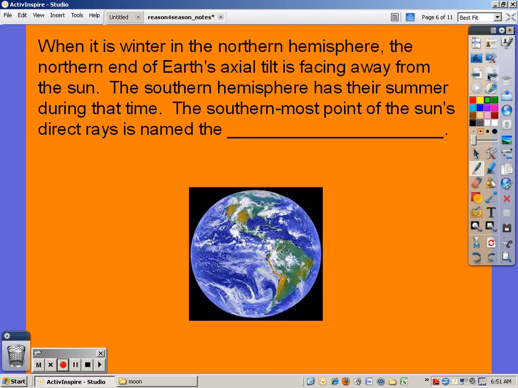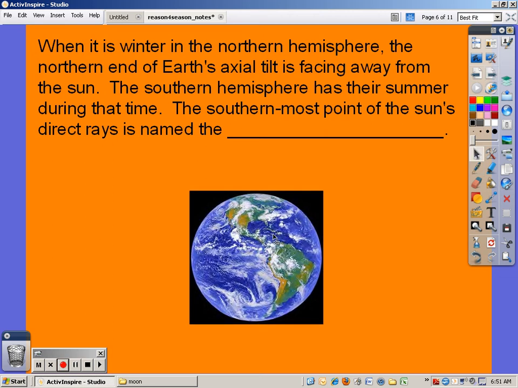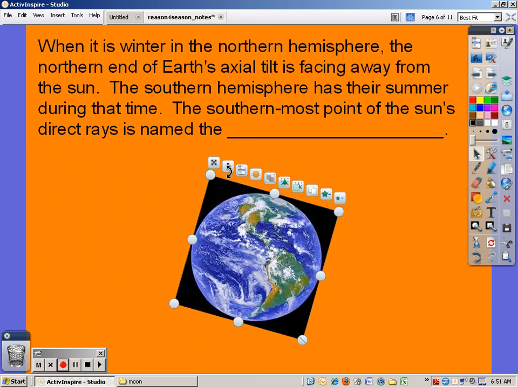When it is winter in the northern hemisphere, the northern end of the Earth's axial tilt is facing away from the sun. So our Earth always tilts in the same direction. So we're going to tilt it also in the same direction still. Once again, here's our axis. Here's our equator.